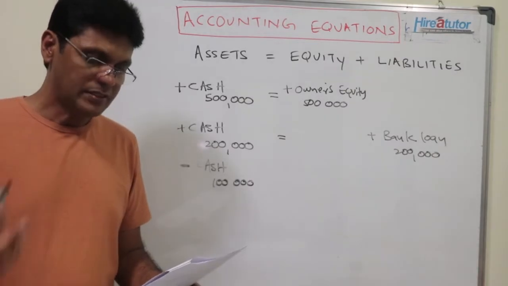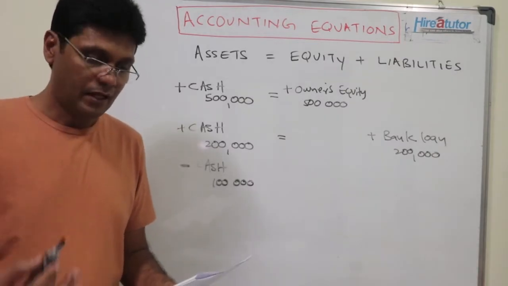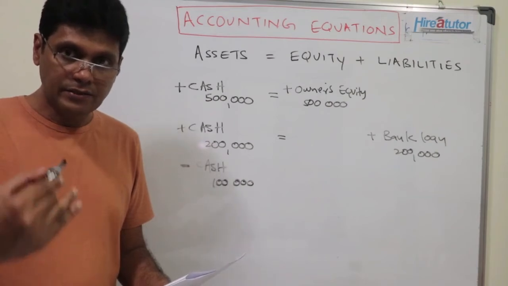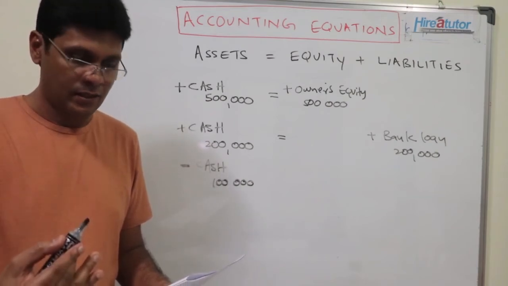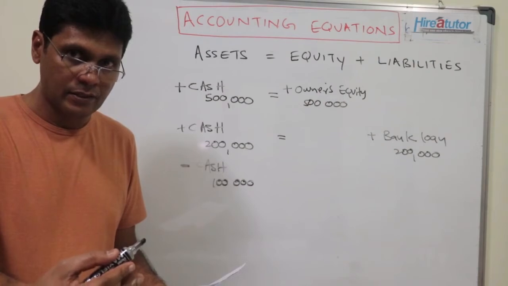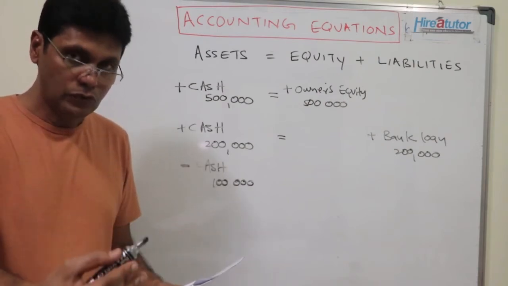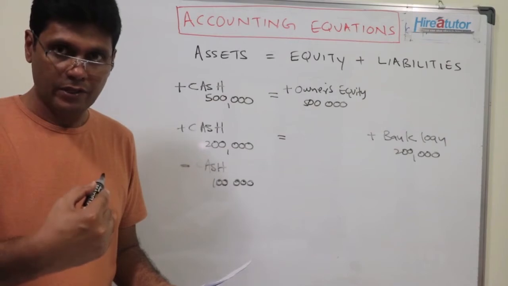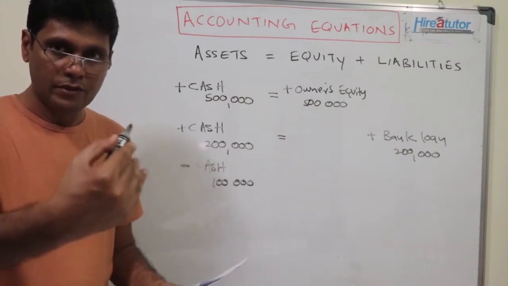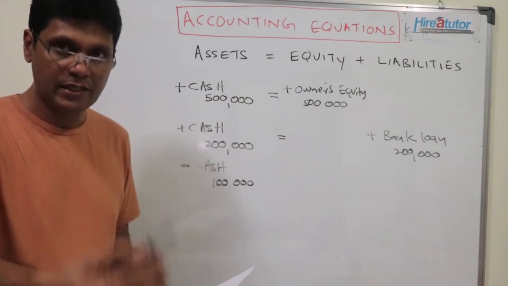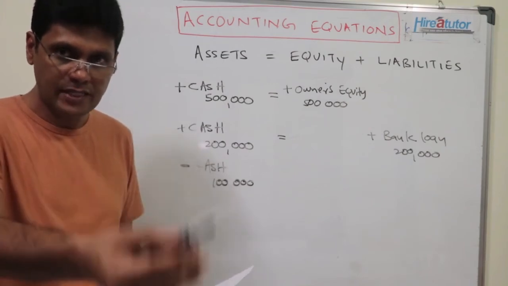And what is the other impact? The other impact is you are creating another asset, because the money is invested in the bank. In the future, whenever you want the money, you can withdraw cash. So the bank deposit is as good as cash, therefore it's an asset.